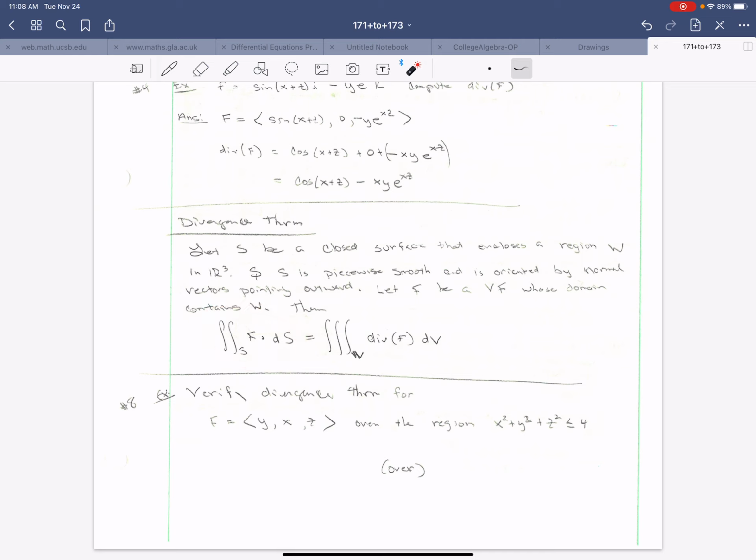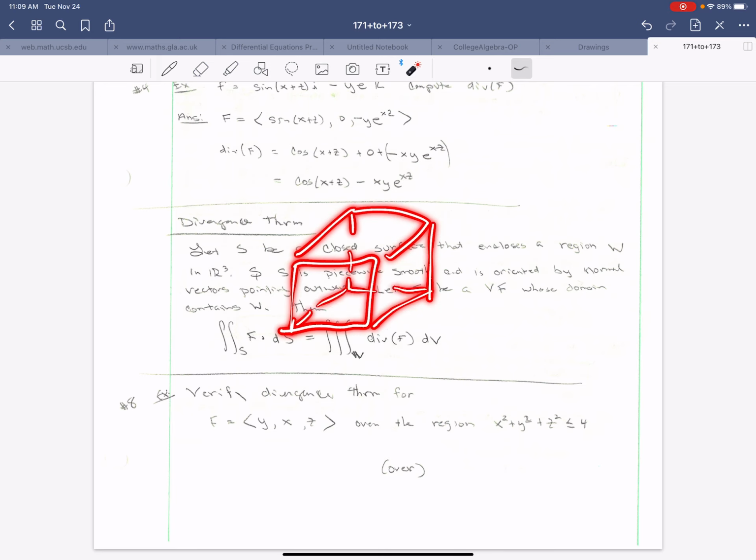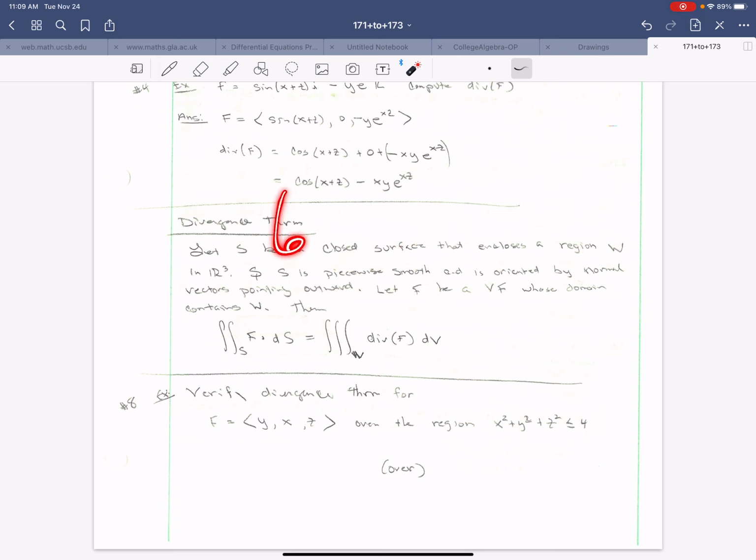Also, if you did the homework that's due tonight and you looked at number 15, I will tell you, multiple people came to office hours and asked about number 15 because number 15 goes over a cube. And because you're going over a cube, the cube has 6 faces.